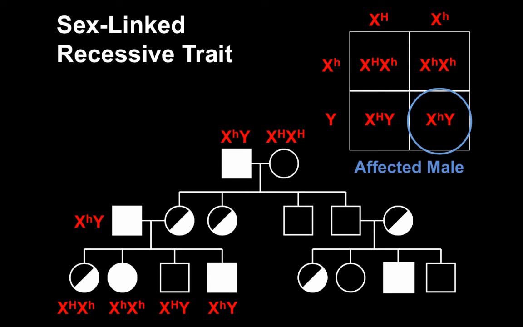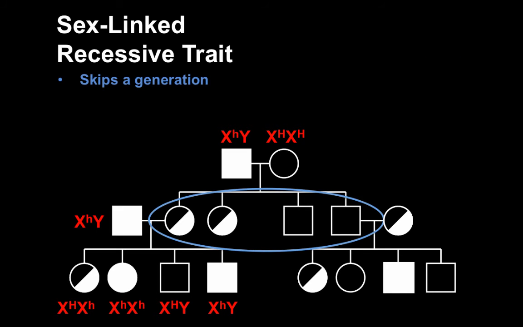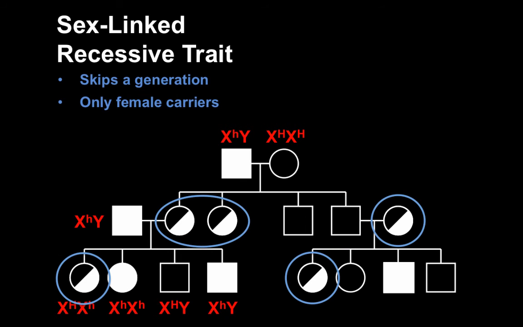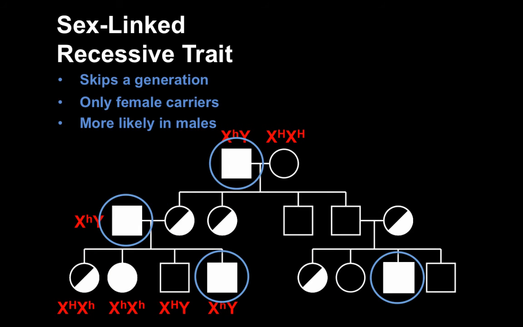So again, because it's on both sides, that's the only way we can get that female. But when we look at it, it skips a generation. None of the offspring in this generation have it. We only have female carriers. And of the 5 people that have it, 4 of them are males. So that indicates to us that this is a sex-linked recessive trait.